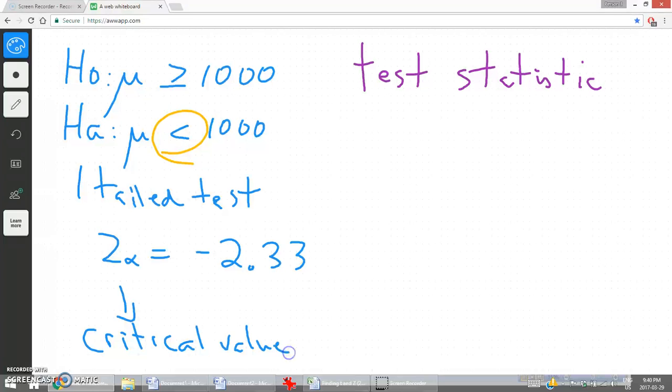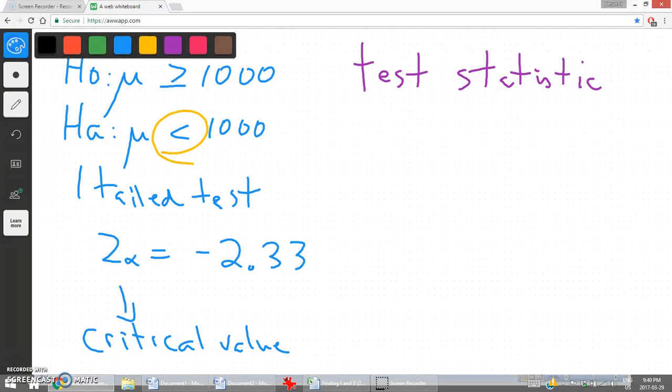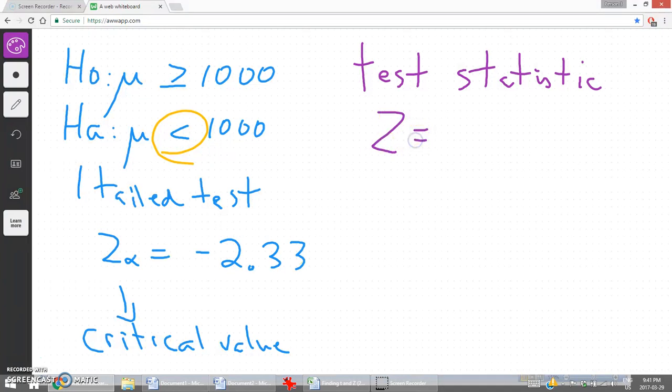So in a hypothesis test, we finish up with two values that we compare. Getting back to this test statistic, it is another Z value. If we had a critical value that was based on a t value, our test statistic would be a t value. So you always have either two Z values or two t values.